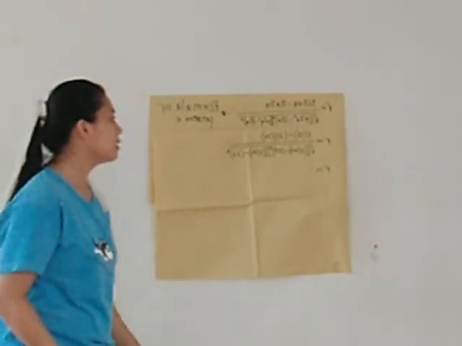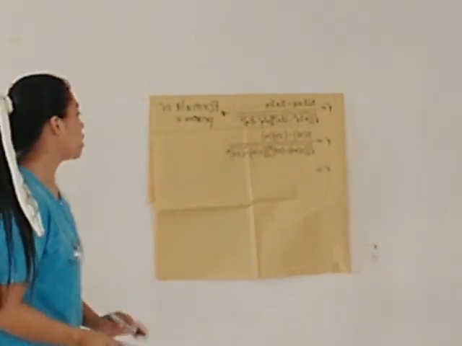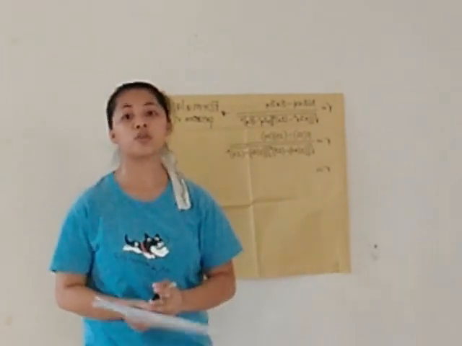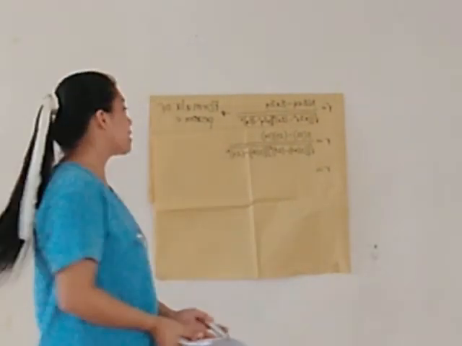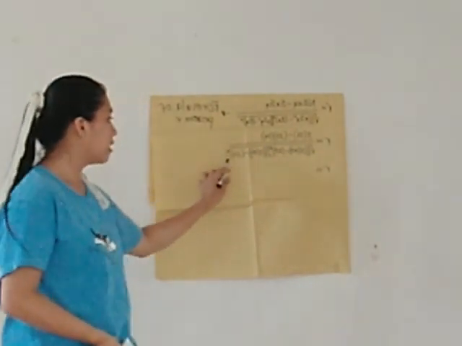The first step to get the value of r is to multiply all the numbers here.